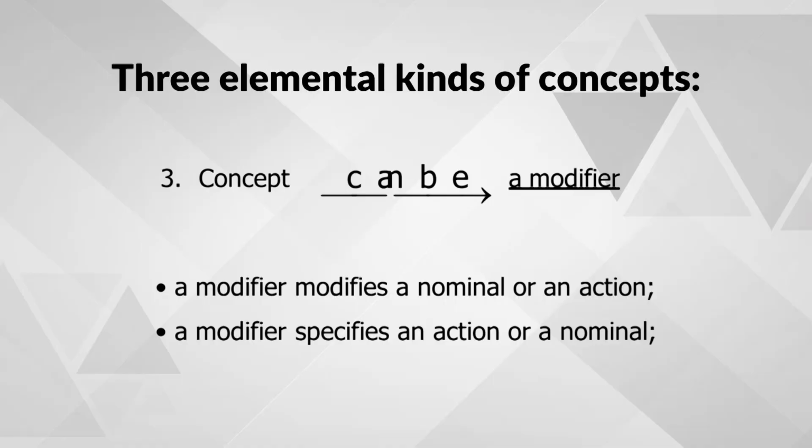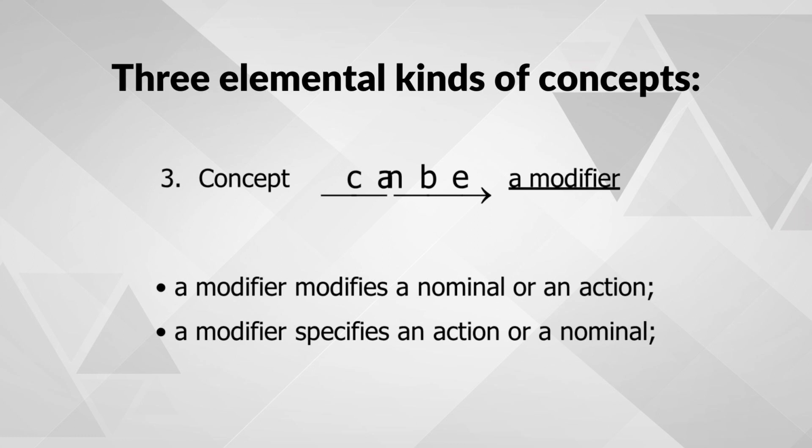Within Schank's framework, the third elemental concept is the modifier. Modifiers play the role of enhancing or altering the meaning of a nominal or an action. They can either modify a nominal by providing additional details about it or specify how an action is carried out.